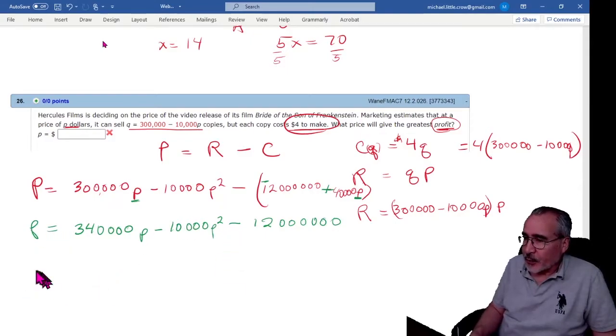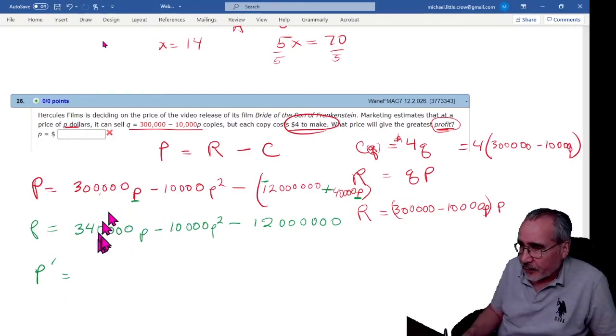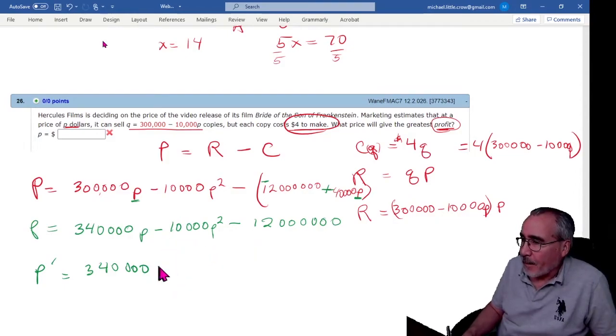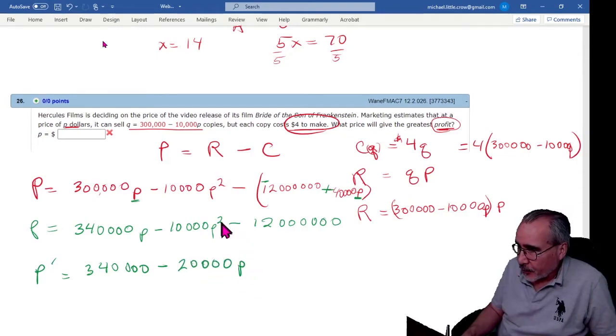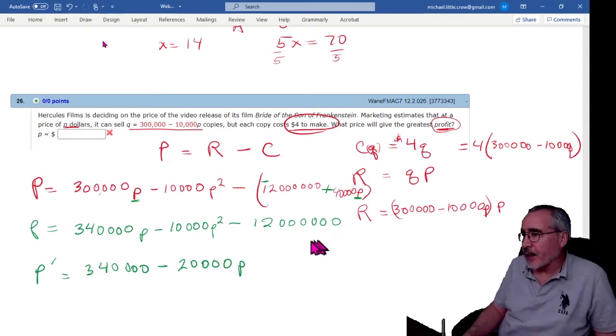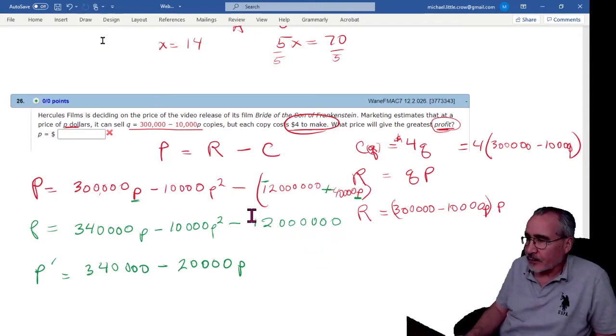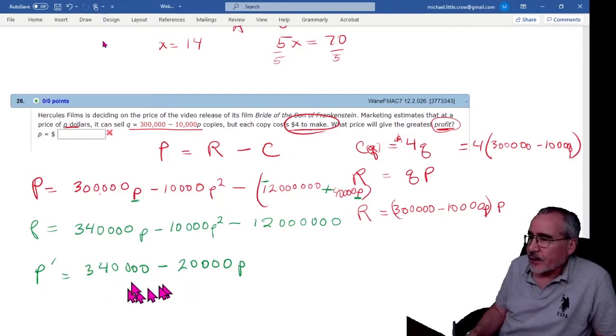What we want to do is take the derivative of profit and then set it equal to 0. So when we take the derivative, this becomes 340,000 P to the 0 power, minus, so the 2 is going to come down, 20,000 P to the first power, and the derivative of a constant is 0, so that all drops off.